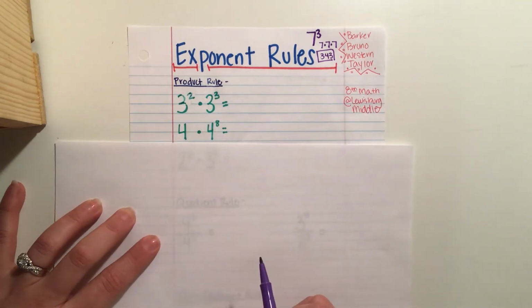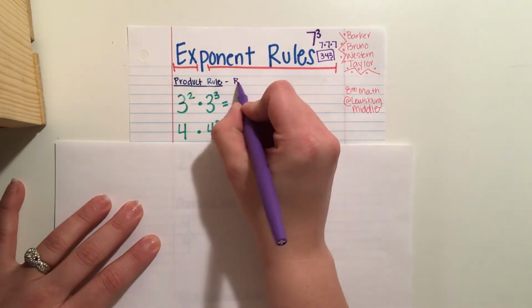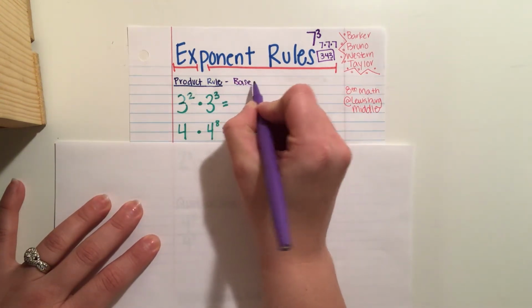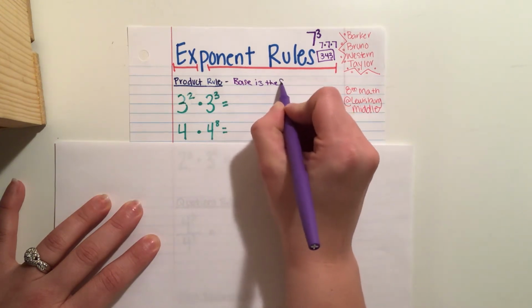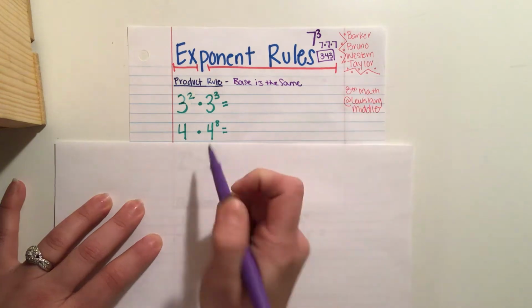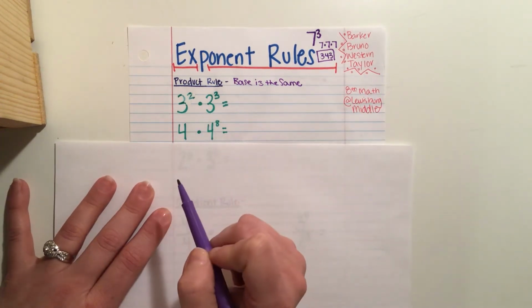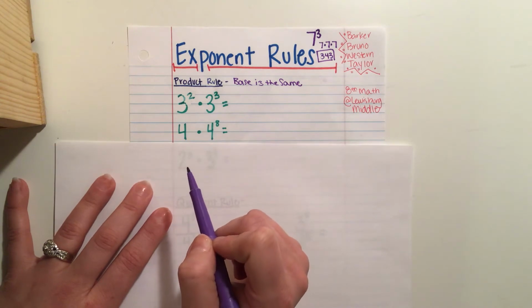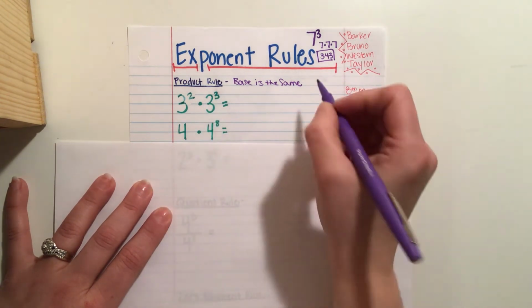Now, what's important to remember about this rule is if the base is the same, which in this case it is a 3 and a 3. If the bases are the same, you're going to add the exponents.